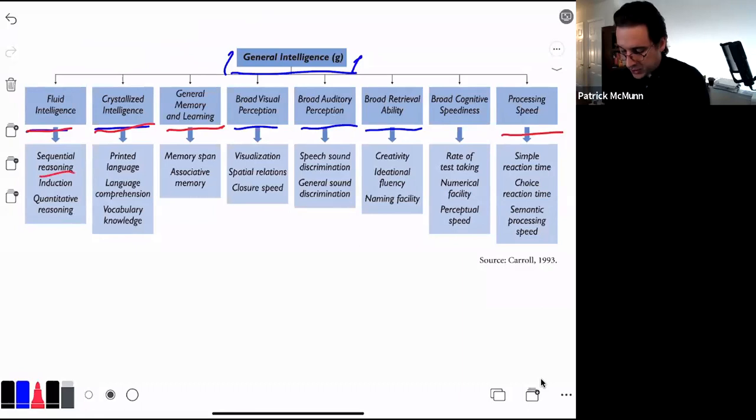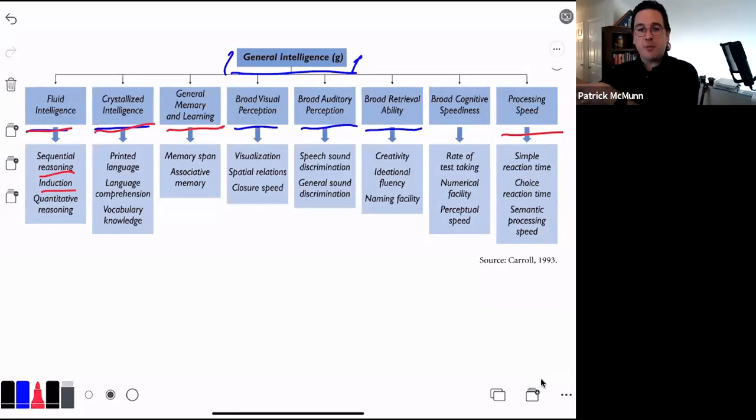So sequential reasoning, looking at numbers. So are they able to count based on patterns, right? Induction, kind of coming up with ideas based on the sequence of things. So for example, if you saw a slideshow, a comic book of a person walking down the street, and all of a sudden they show the next clip of a banana peel in the street, and then they show the next clip, the person walking up to the banana.